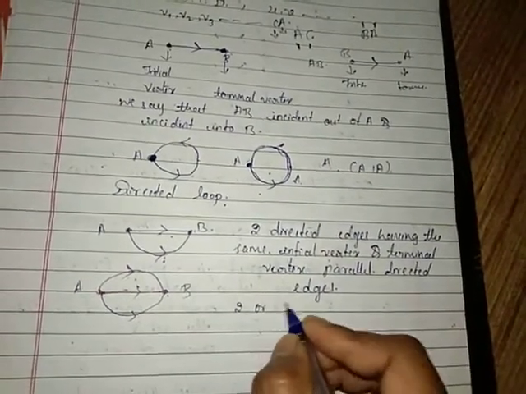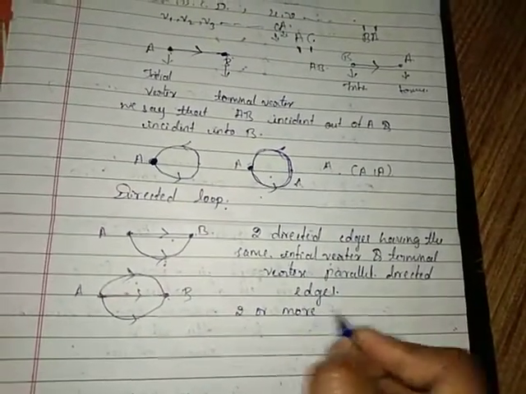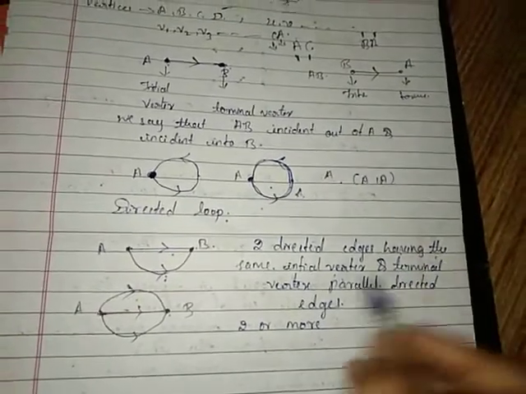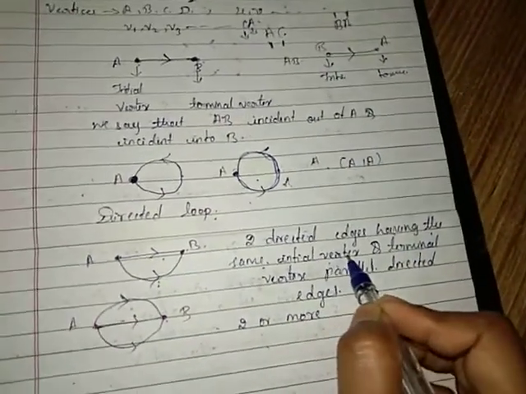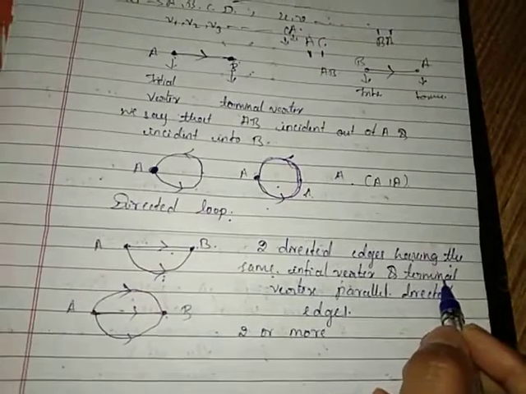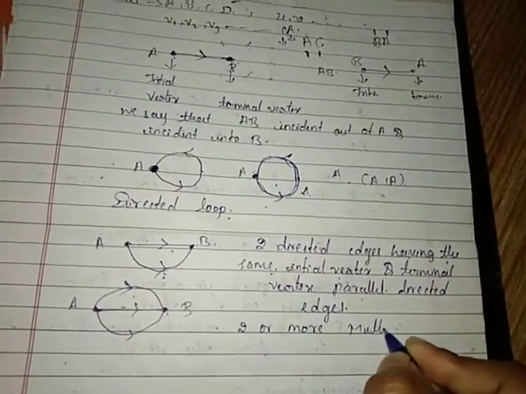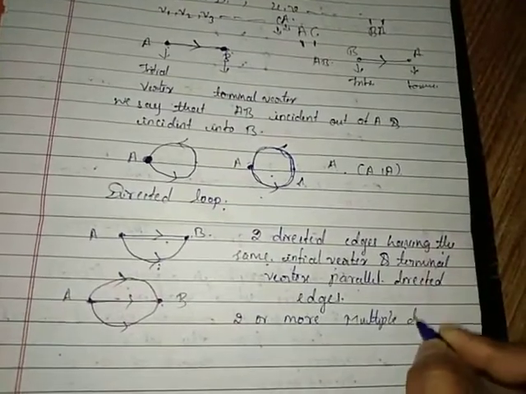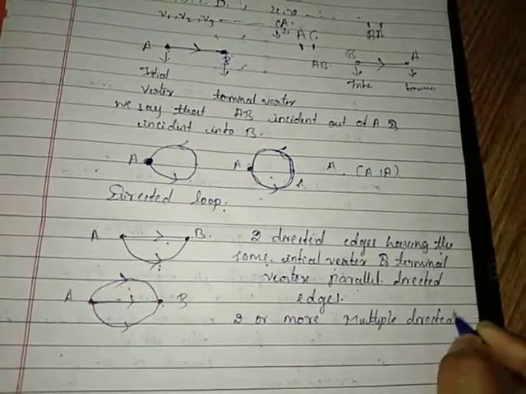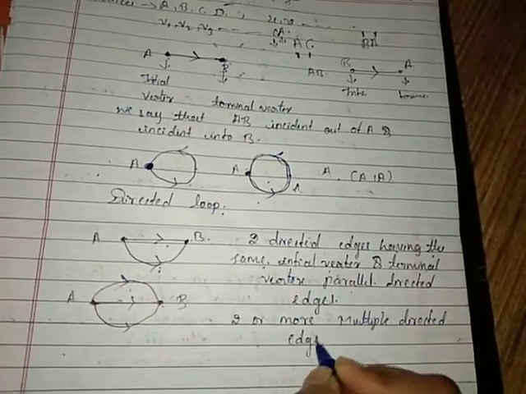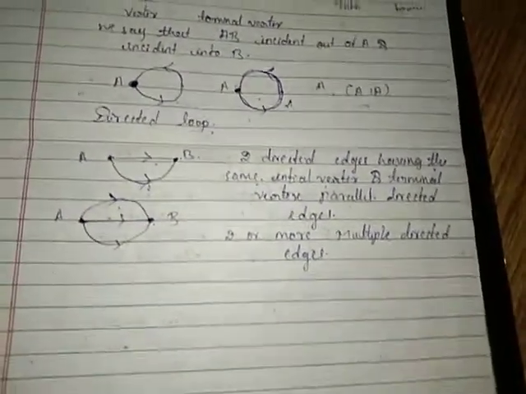Not only two, but two or more directed edges having the same initial vertex and the same terminal vertex are called multiple directed edges.